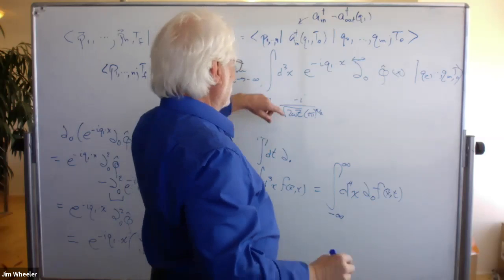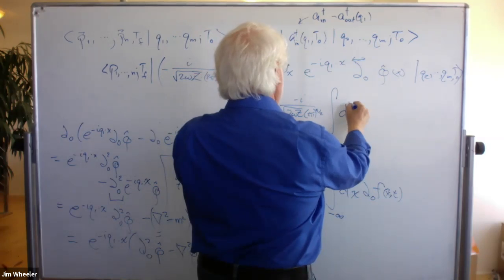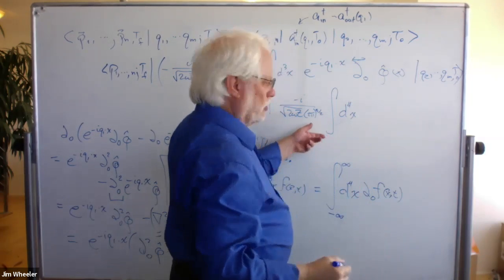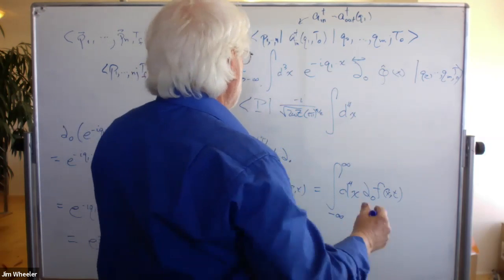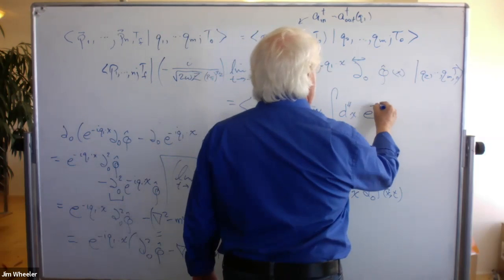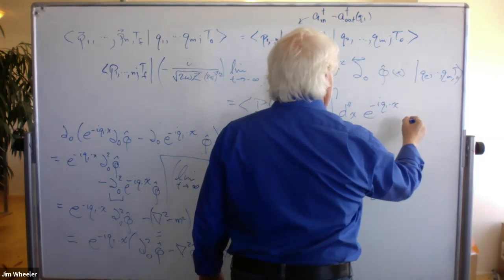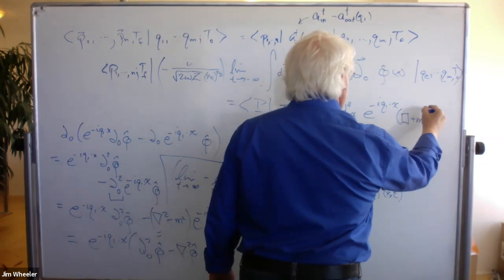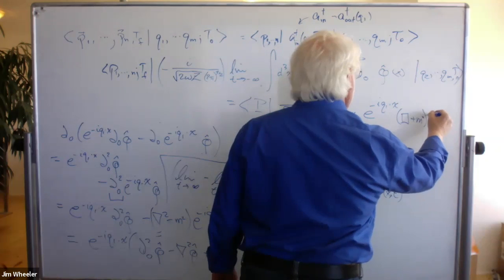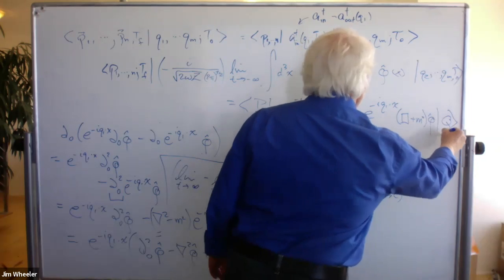This is a place where it'd be nice to stick in a 2 pi, but we don't. Then d4x where time goes from minus infinity to infinity. And what we've ended up with is that exponential of x with the Klein-Gordon wave operator acting on phi. And just call that state Q.